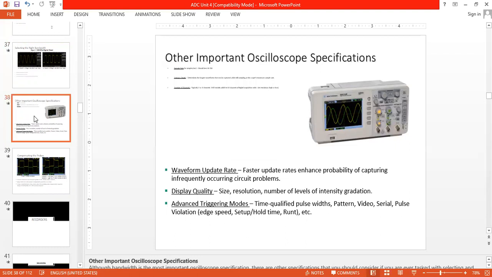Faster update rates enhance the probability of capturing infrequently occurring circuit problems. Then the display quality: size, resolution, and number of levels of intensity graduation. Then advanced triggering modes: time-qualified pulse widths, pattern, video, serial, pulse violation. Pulse violation means edge speed, setup, hold time, runt.